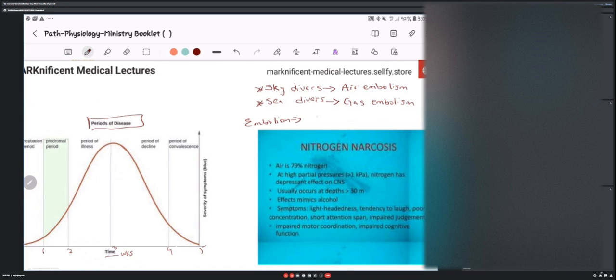Embolism is the swelling or blockage of a blood vessel due to an underlying cause.